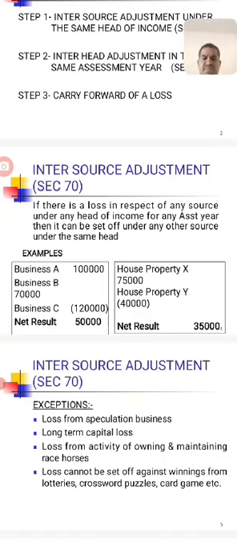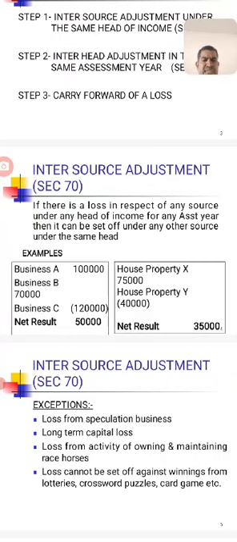Business A with 1 lakh and business B with 70,000 got profit, and business C got a loss of 1 lakh 20,000. This loss can be adjusted against the profits of business A and B, with a net result of 50,000 rupees. One more example: house property X and house property Y, the same head.